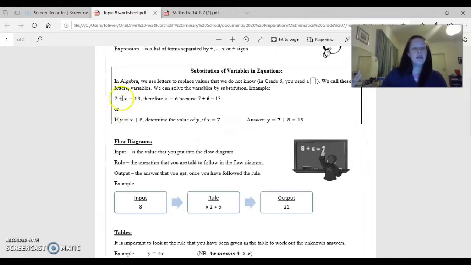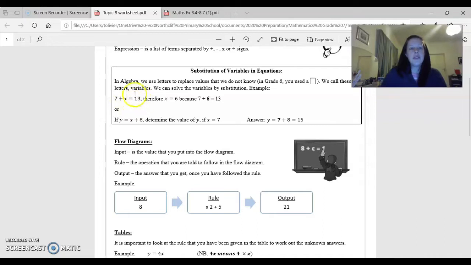I have 7 plus x, which is my unknown. X is my unknown. I need to find out what x is. X can also be replaced by our box. But now in grade 7, like I said, we're stepping up a level. It's your first year in high school. We are now going to use x's and y's and a, b, z's, all of those. Right, so 7 plus something must give me 13.